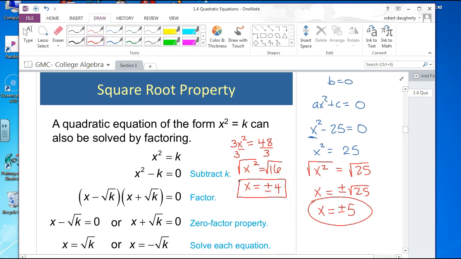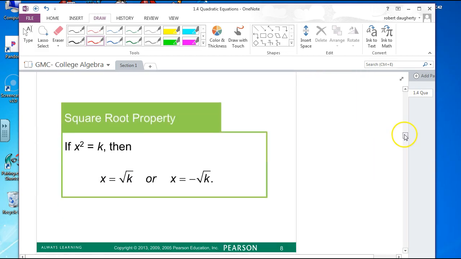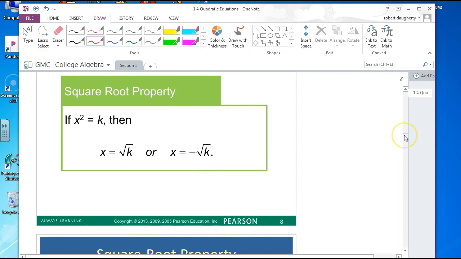Okay. And this is just telling you what you know here. If you have x squared equals k, when you take the square root of both sides, just remember when you take the square root of an exponent that's squared, you're going to get x equals, and you have to have this plus or minus over here. So x is plus or minus the square root of k.